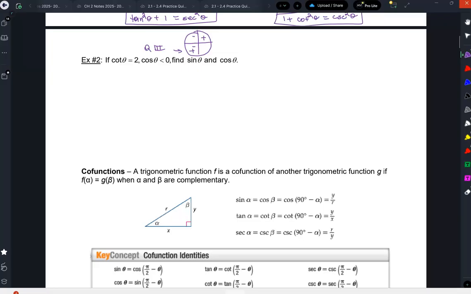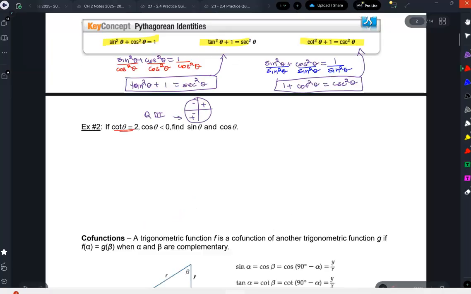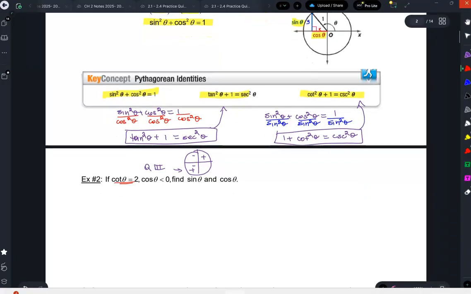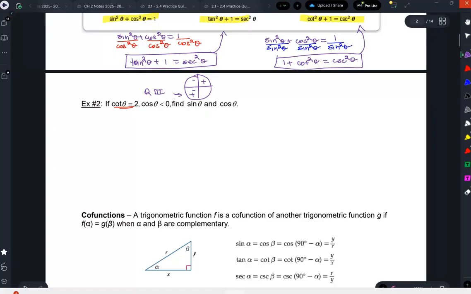Now, I have cotangent, I need sine and cosine. You always want to start with an identity that has what you have. So one of the identities that has what I have is this one: cotangent squared theta plus 1 equals cosecant squared theta.